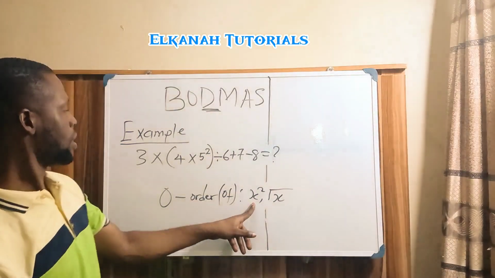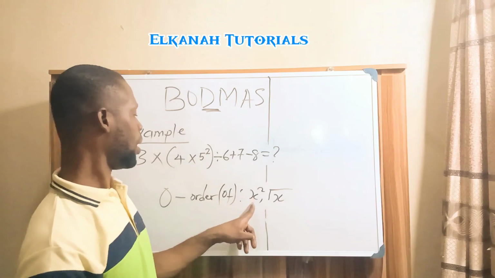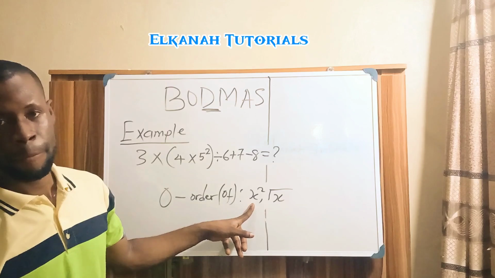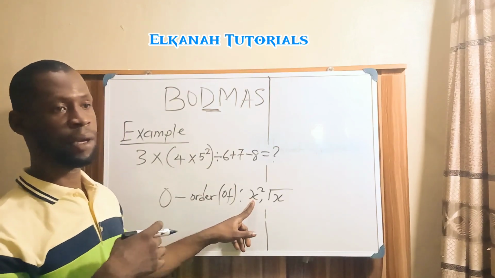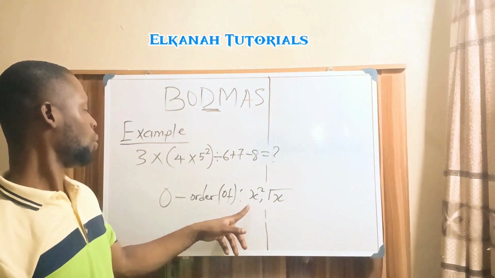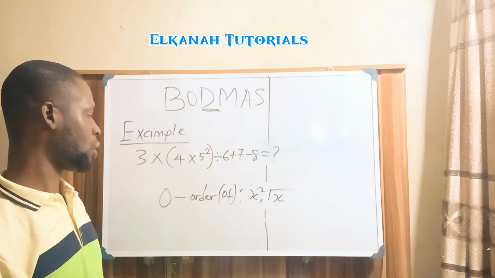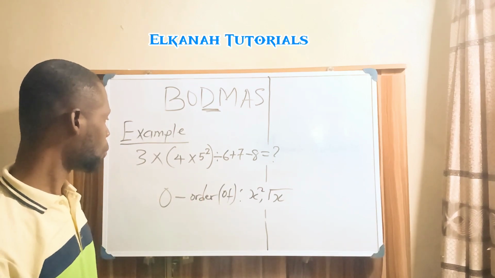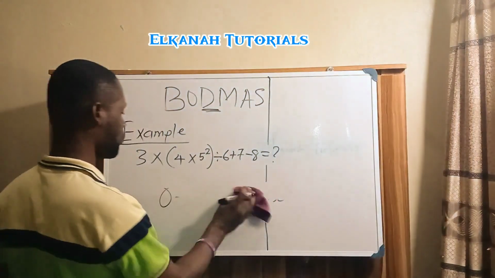So now you can see that in this equation we have x squared as 5 raised to the power 2. So x can mean any number. X can be 5, x can be 2, x can be 3, x can be any given number based on the equation given to you. But you just need to apply the Bodmas rule, just like the way I explained in our last class. So what are you going to do in this equation?